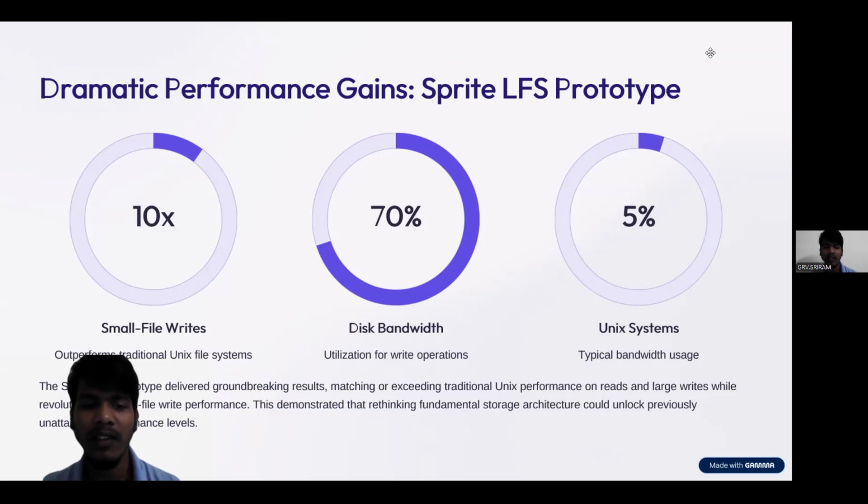So the Sprite LFS prototype delivered groundbreaking results, matching or exceeding traditional Unix performance on reads and larger writes while revolutionizing small file write performance. This demonstrated that rethinking fundamental storage architecture could unlock previously unattainable performance levels.